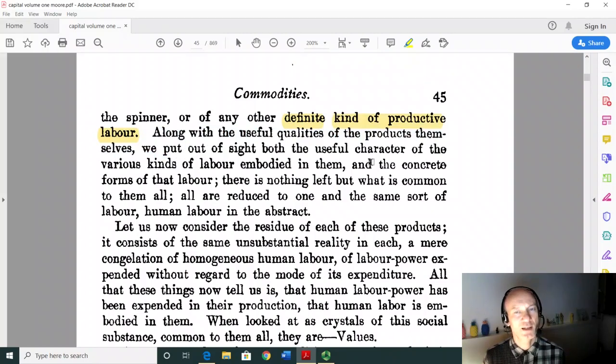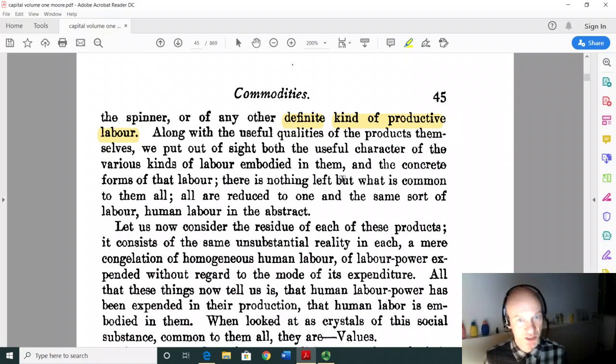So if we bracket out the specific material qualities of the commodity, then we also bracket out the specific characteristics of the specific labor that produced this specific commodity. We put out of sight, we bracket out both the useful character of the various kinds of labor embodied in them. Right?